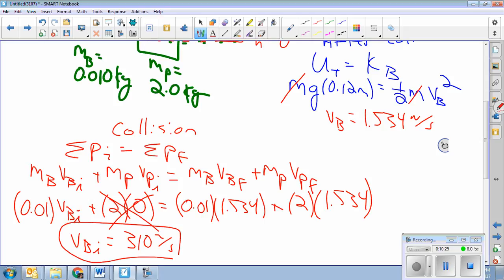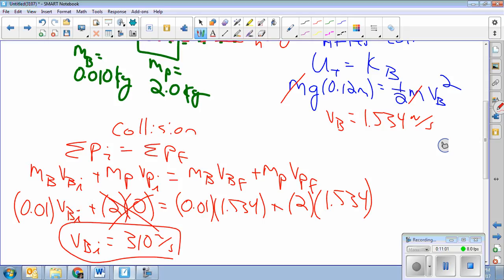He said, why didn't we just, maybe I misunderstood you, Patrick, but what I thought you were asking is, why didn't we set the kinetic energy of the bullet initially equal to the gravitational potential energy at the top? Is that what you're saying? It loses energy in the collision. It's a completely inelastic collision. So the only way you could do that is if it was an elastic collision.